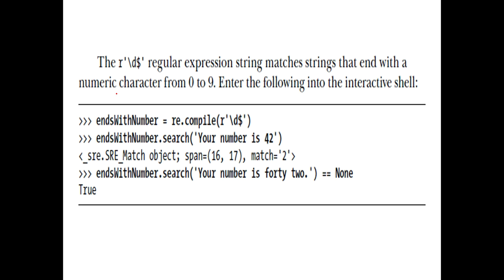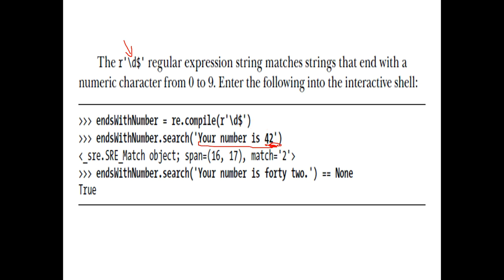Next, here I am using backslash d, which represents any digit from 0 to 9. After that I am using the $ symbol. That means the text should end with a digit. Here we have passed a string, and it is going to check whether the end contains digits.